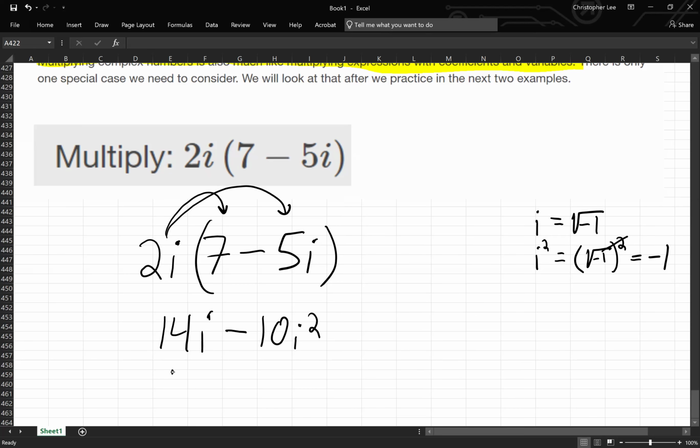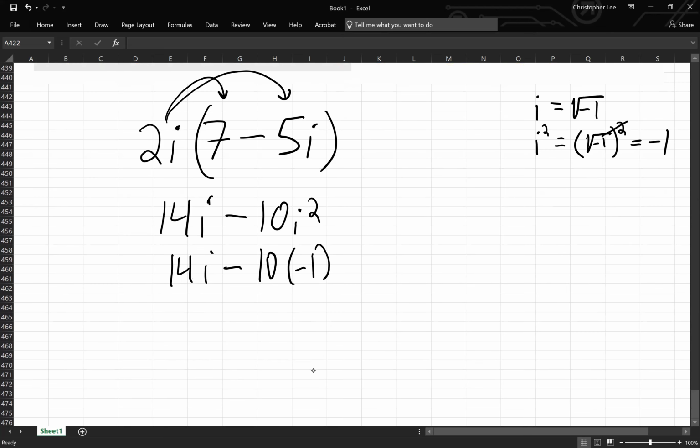So this is actually what? 14i minus 10 times negative 1. And a negative times a negative we know is a positive. So this is 14i plus 10. Let's rewrite this in standard form. 10 plus 14i.